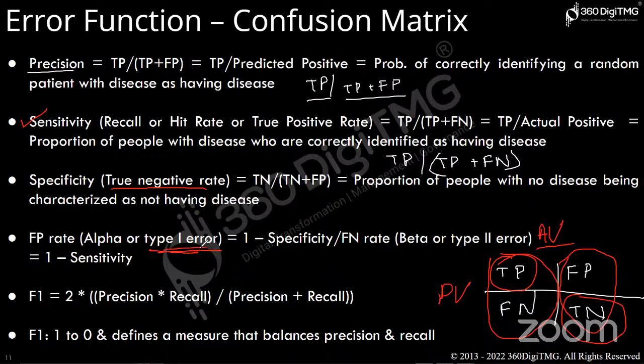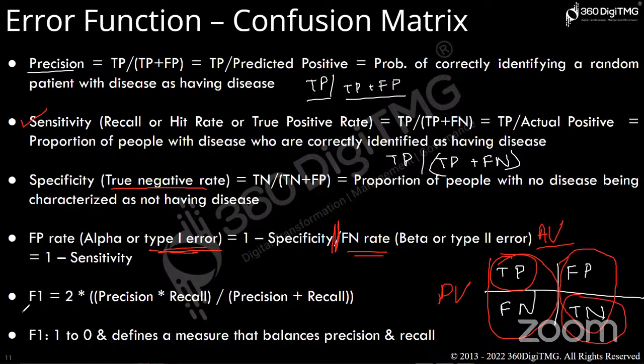If you are clear with hypothesis testing, you will know the type 1, type 2 error. Similarly, we are also having false negative rate, which tells us about the type 2 error.